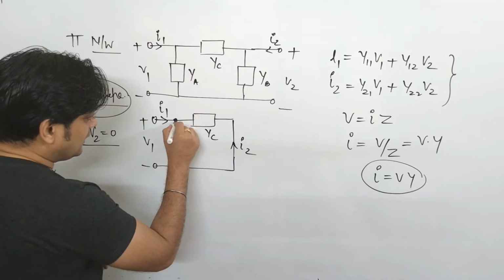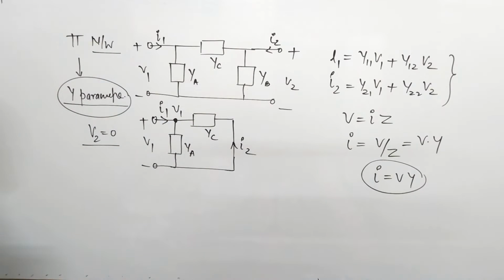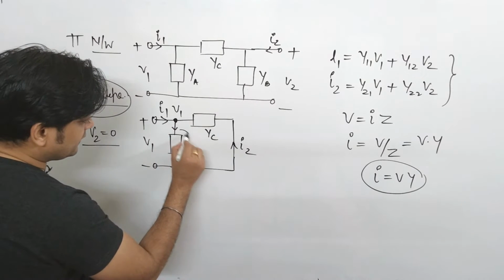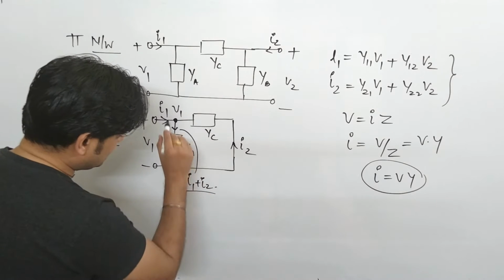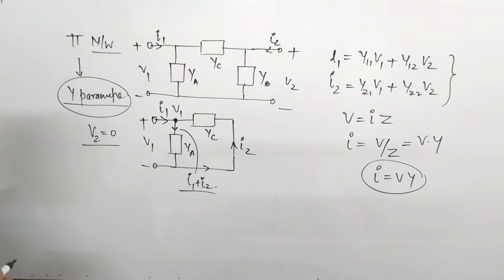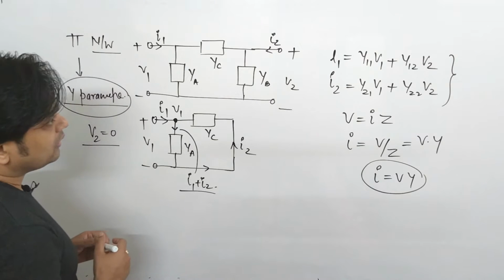Here if we apply KCL, we can easily find it. If you see, this is I2, the current I1, so what is the current here? This current is I1 plus I2. Now I2 will move here, I1 will move here. If you apply the law of KCL here, you can easily find the solution for the two parameters, that is Y11 and Y21.